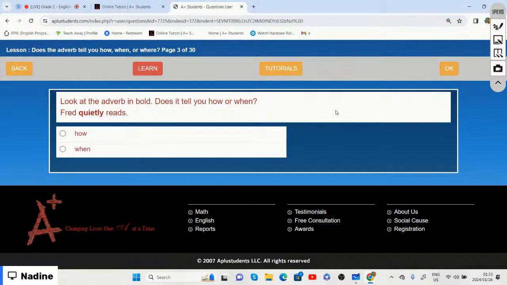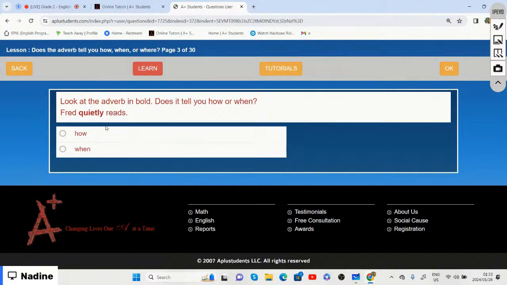So Fred quietly reads, and quietly, that means we need to say, does the adverb tell you how or when?